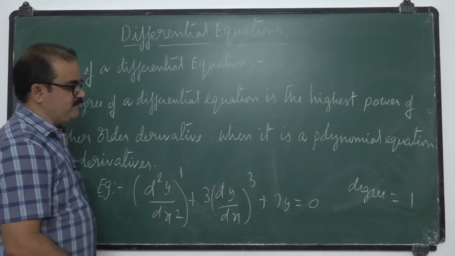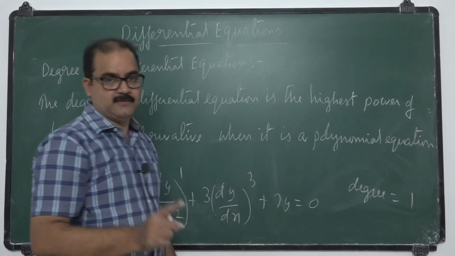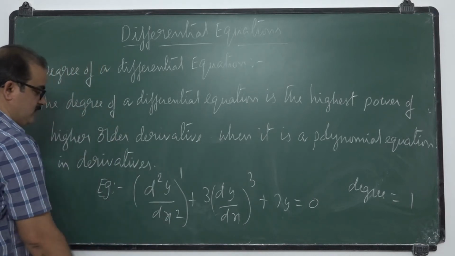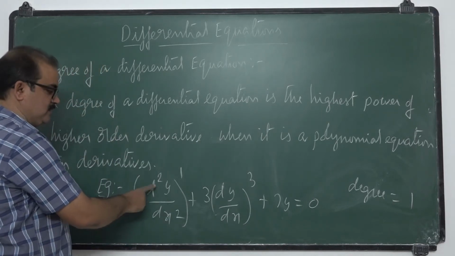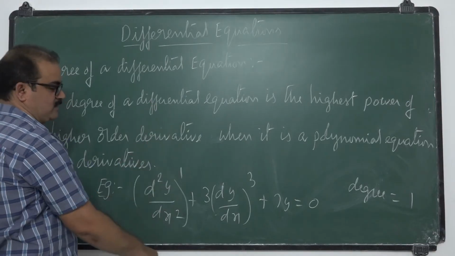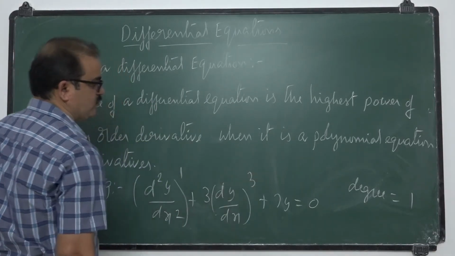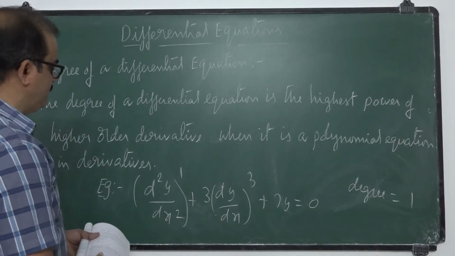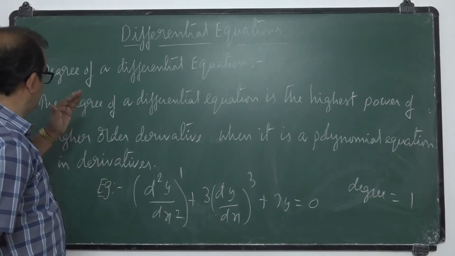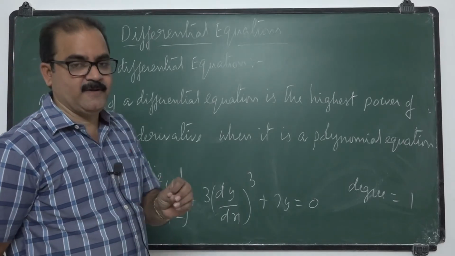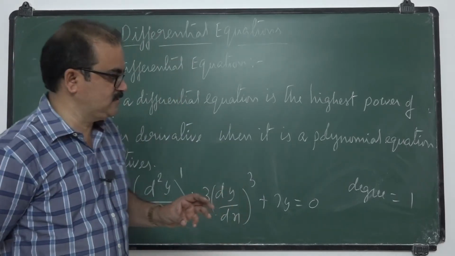Always the degree of a differential equation is the power of the higher order derivative. Here second order is higher order. The power of second order is 1. So, degree of this differential equation is 1. In this way, we define order and degree. Say, what is meant by order of a differential equation?